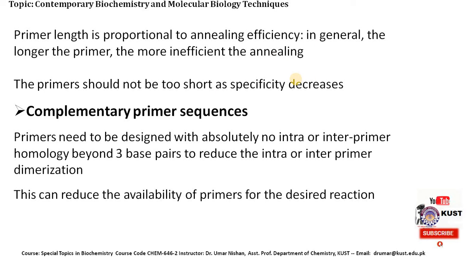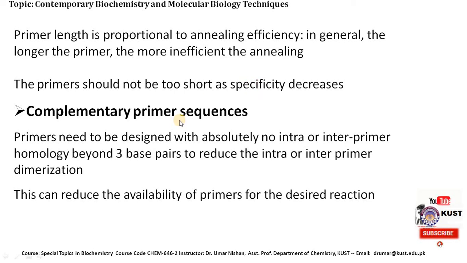And if it is not annealed, DNA polymerase will not be able to recruit new nucleotides. So the primers should not be too short, for specificity, and they should not be very long, because again it can cause problems in annealing of the primer.